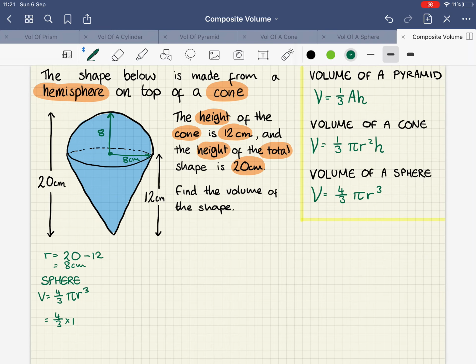So that's 4/3 times pi times my radius of 8 cubed, which gives me an answer of 2,144.6605 and so forth.